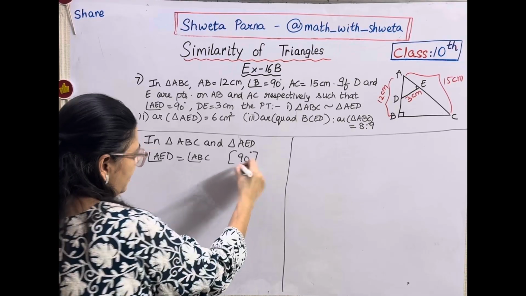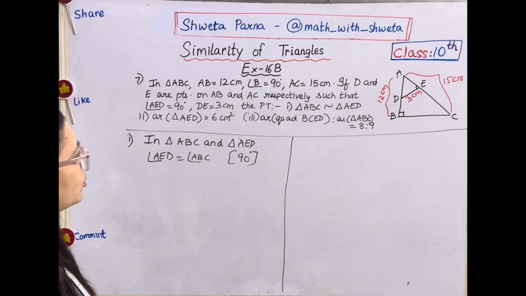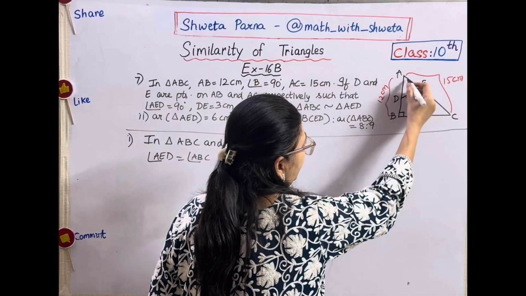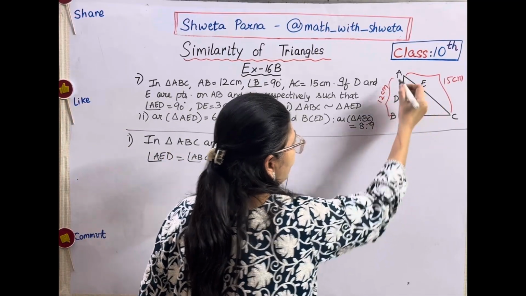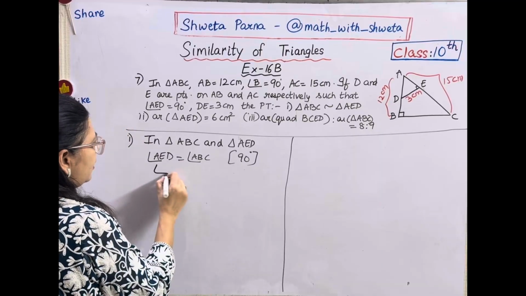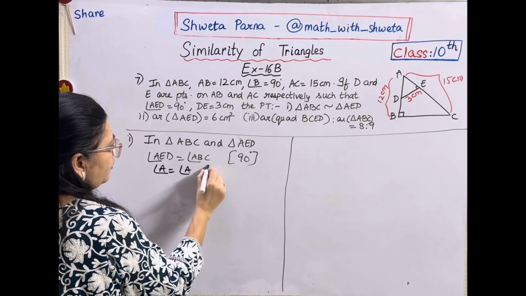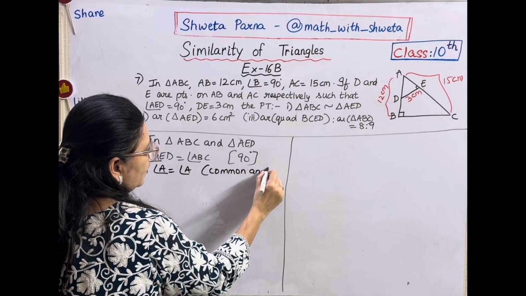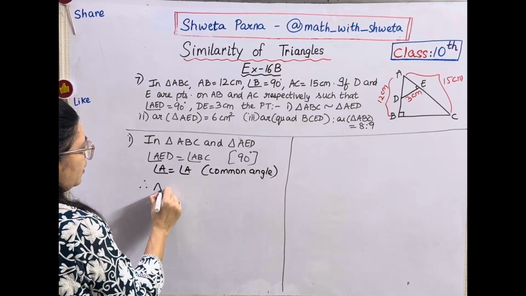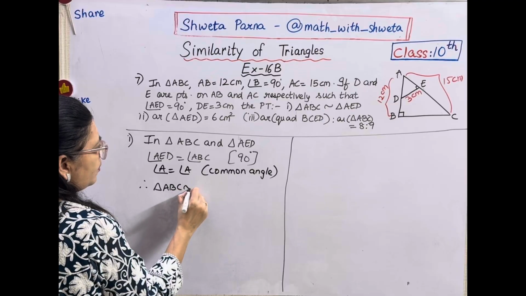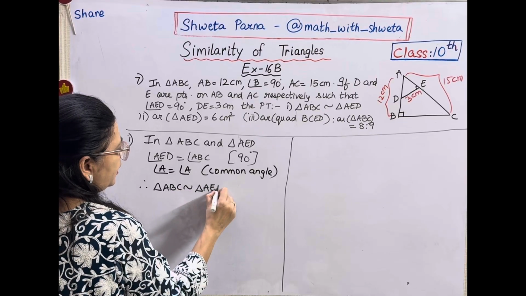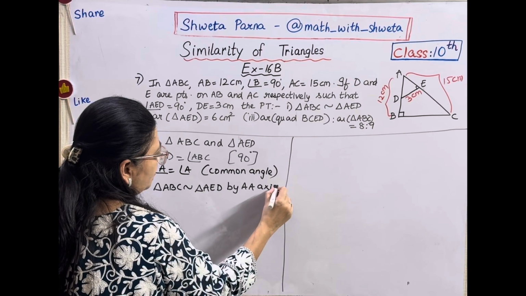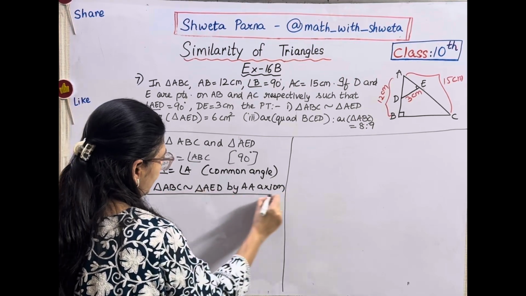Both are 90 degrees. Okay, next, what is the other condition? In AED and ABC, angle A is common, so angle A is equal to angle A. Therefore, triangle ABC is similar to triangle AED by AA test of similarity. We have proved the first one.